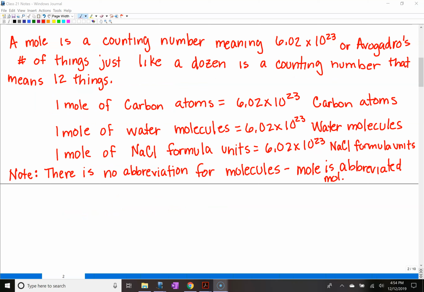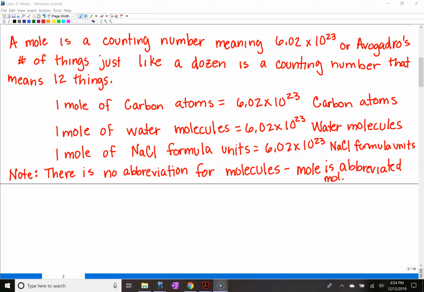So what is a mole? A mole is just a counting number, and it means 6.02 times 10 to the 23rd, which is Avogadro's number. A counting number is just like a dozen, because a dozen is a counting number. And a dozen is a counting number that means 12 things. So if I have 1 dozen carbon atoms, then I would have 12 carbon atoms.